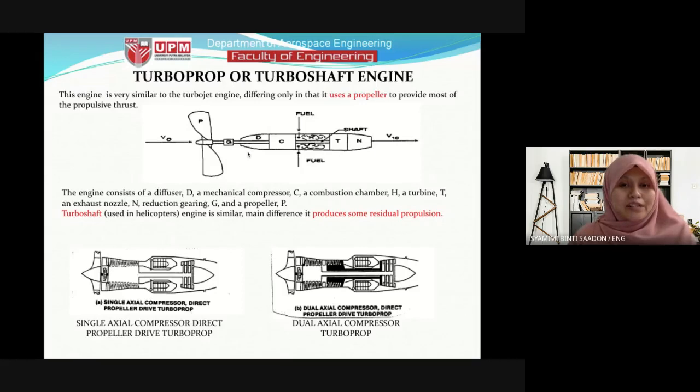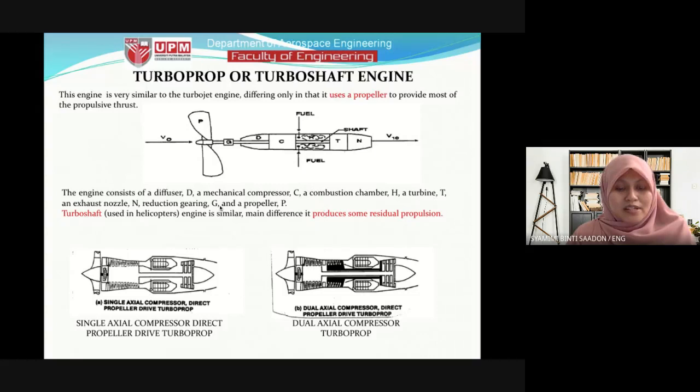In order to further increase the thrust in an engine, we add a propeller at the front, like a turbofan, so that it can accept more air to provide most of the propulsive thrust.